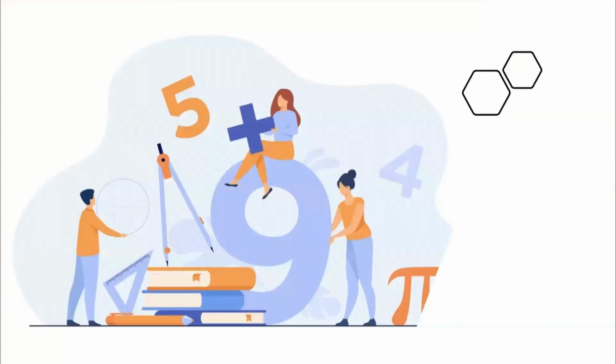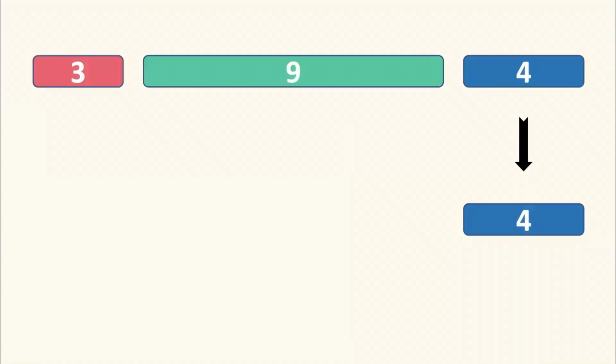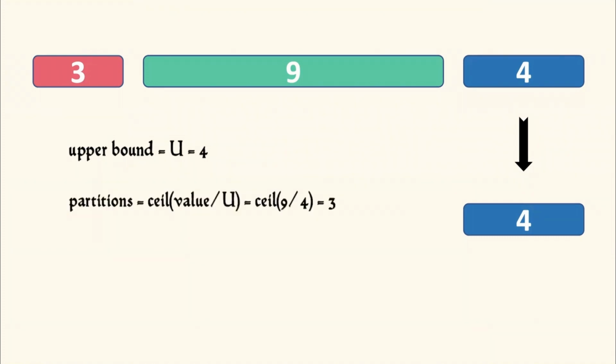Now let's understand the mathematics behind that. You are given 4 as your initial upper bound, right? Now what can you do to find out the optimal division of value 9? First, you can find out the minimum number of partitions that are needed here, which is the ceiling of the value divided by the current upper bound.